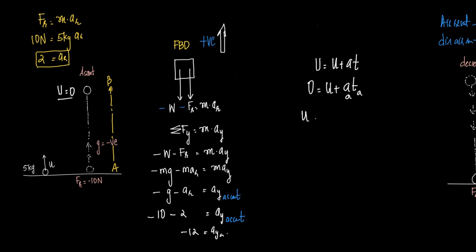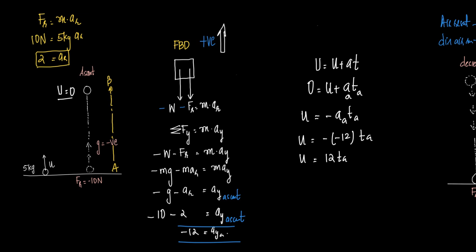So therefore U becomes minus acceleration of ascent times time of ascent. What is acceleration of ascent? We have derived it here as minus 12. So this becomes minus of minus 12 into time of ascent. Therefore U is actually 12 times time of ascent.